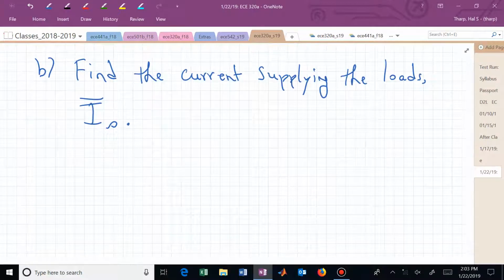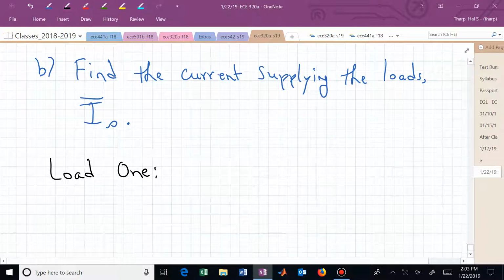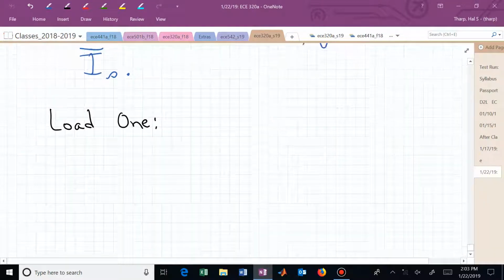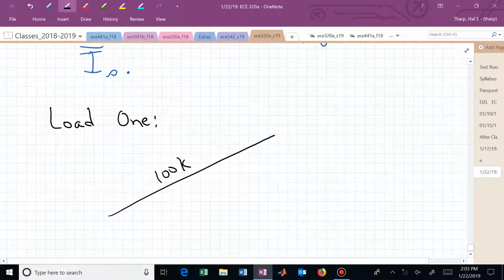For load number 1, what can we back out of that? Well, I think sometimes it's helpful to just draw the complex power triangle and see what we're working with. We were told that for load 1 we had 100 kVA. Well, VA is the apparent power, that's the magnitude of our complex power.